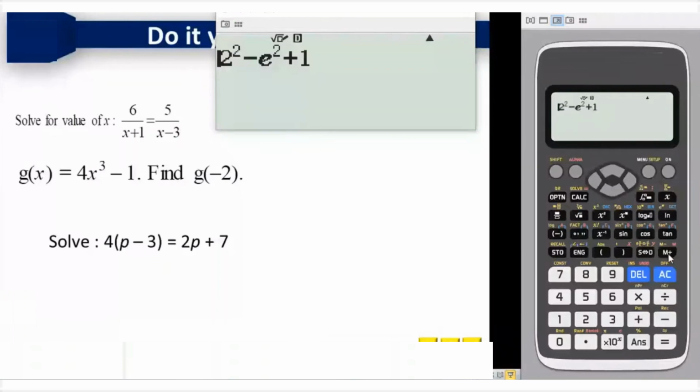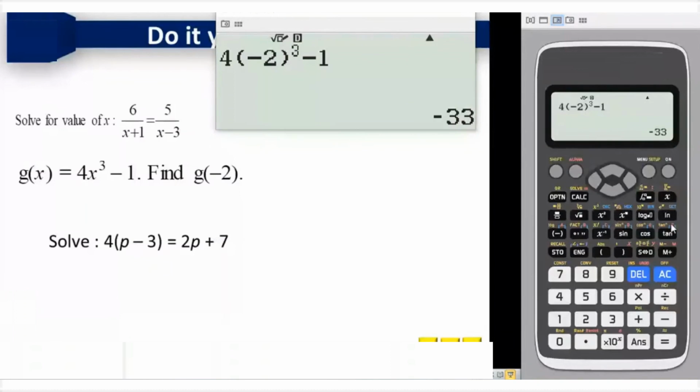This is 4x cube minus 1. So my advice would be to delete this x and replace it by minus 2. Once you do that, you press equals to, and you'll get the answer as minus 33. If you have achieved the same answer, you have done it correctly.